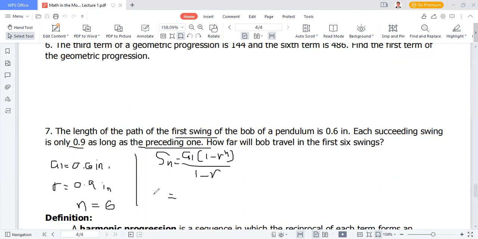So this will be S sub 6 equals, a sub 1 is 0.6, 1 minus 0.9 raised to 6 all over 1 minus 0.9. So gamitan na lang natin ng calculator. So this is 2.811354.